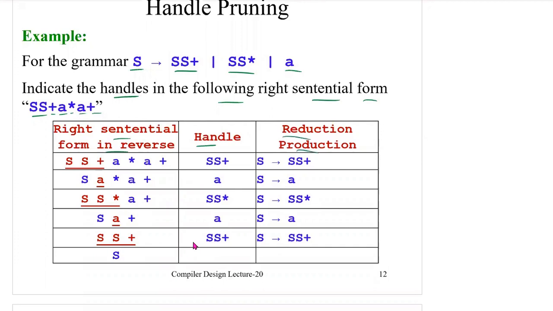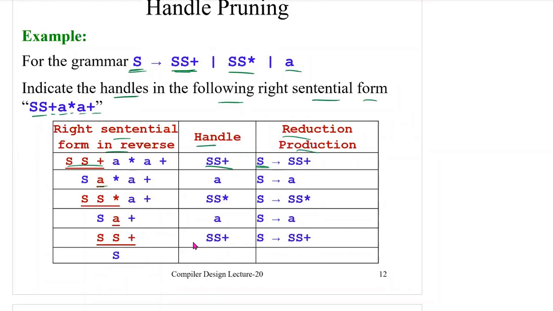Looking at this right sentential form, on the leftmost side we have SS plus. SS plus can be directly substituted by the header, that is S. So the handle or reduction SS plus is substituted with S. The remaining sentential form in the string is a into a plus, the remaining part is the same.